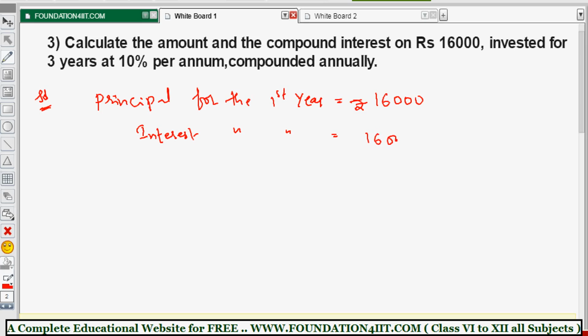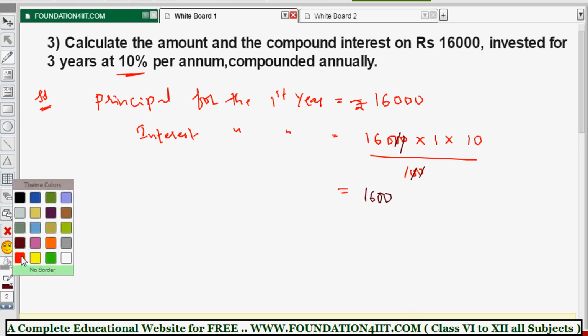Okay, 16,000 into 1 year, rate of interest is 10% per annum, by 100. PTR by 100 formula I am using, same like previous. Just cancel this. 160 into 10 is 1600, right? This is interest for first year.